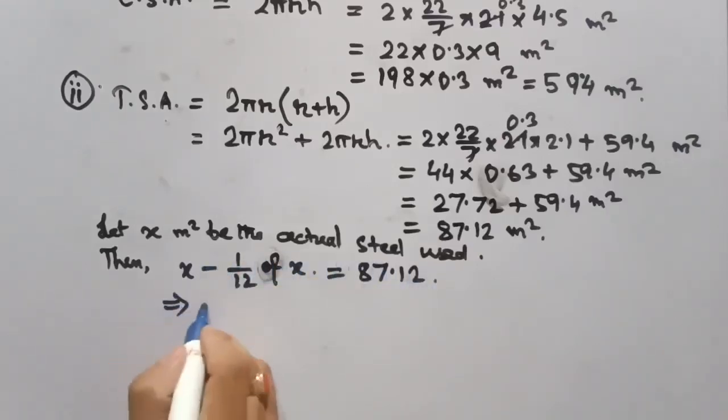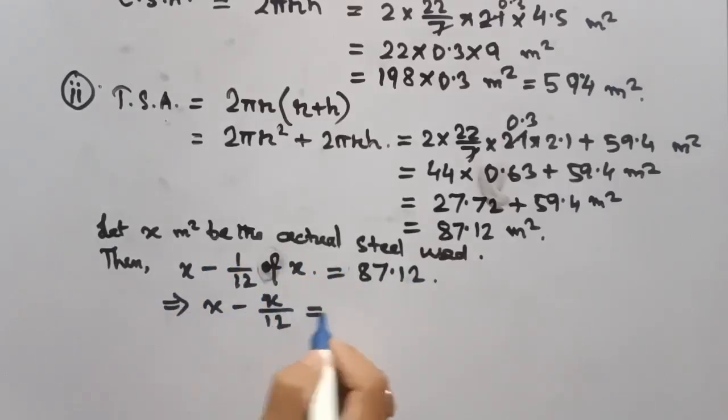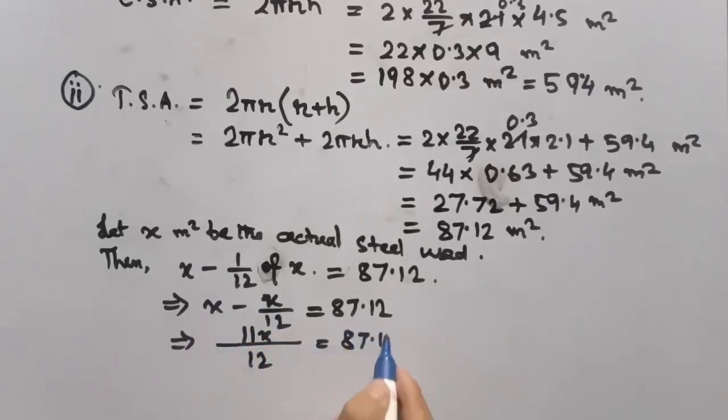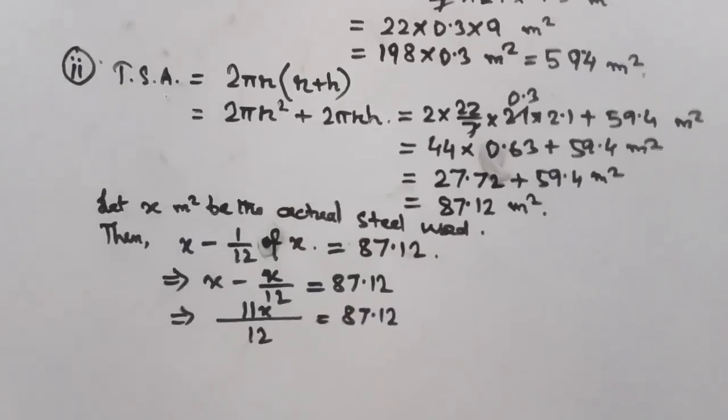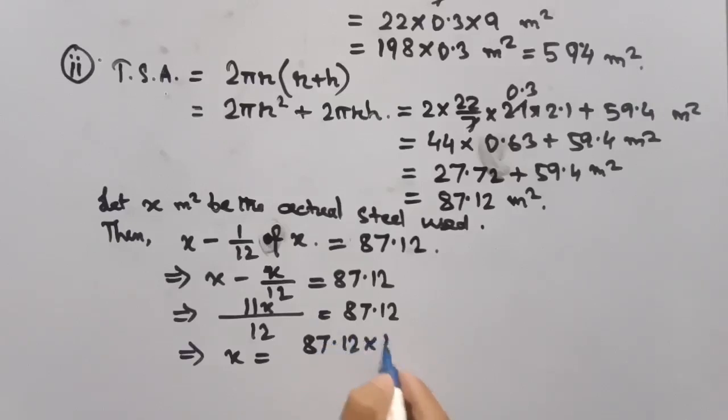This implies x minus x by 12 equal to 87.12. Let us take the LCM. So the numerator will be 12x minus x, which is 11x, equal to 87.12. This implies x is equal to 87.12 into 12 by 11.